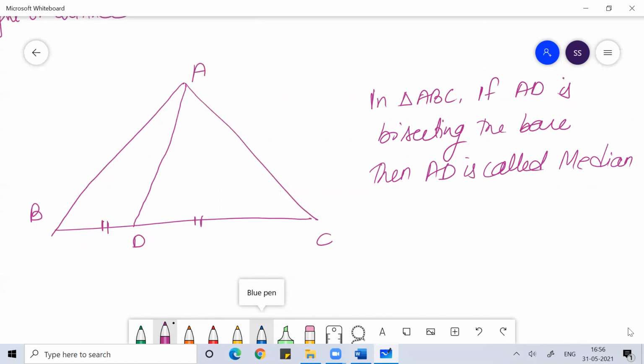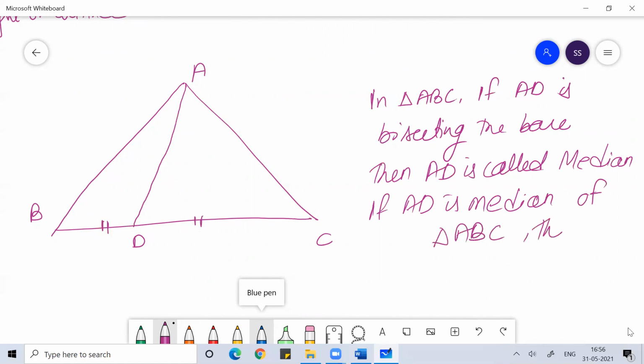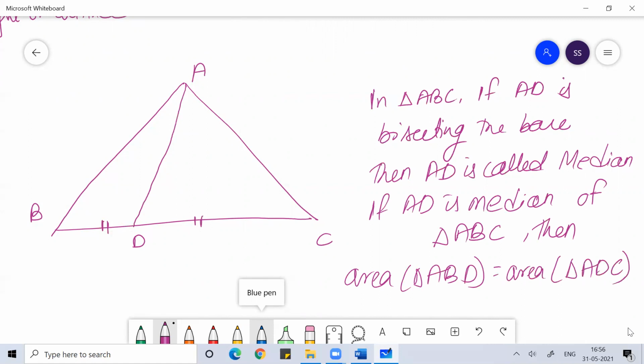So if AD is the median of the triangle ABC, then remember that the area of triangle ABD will be equal to half the area of triangle ABC.